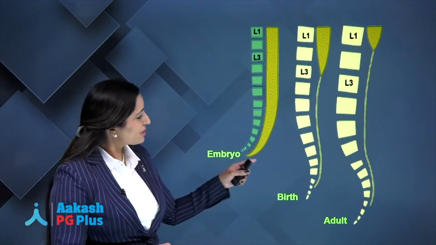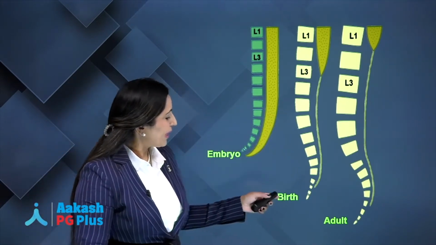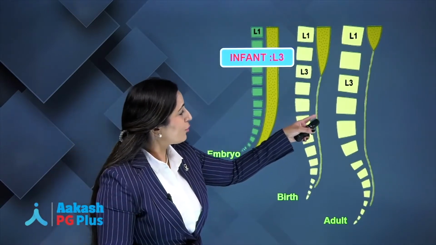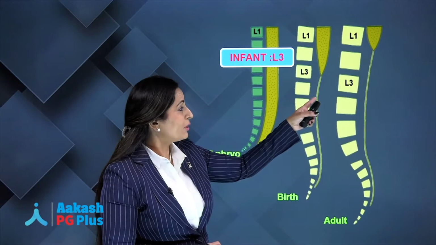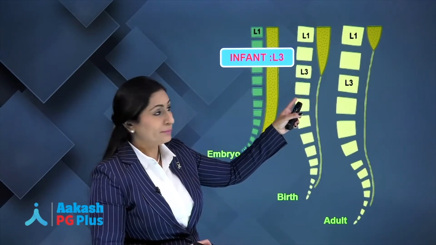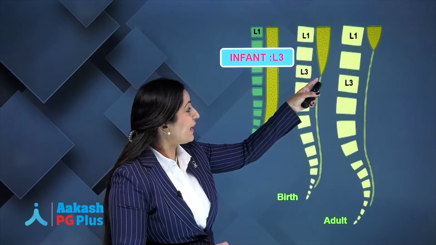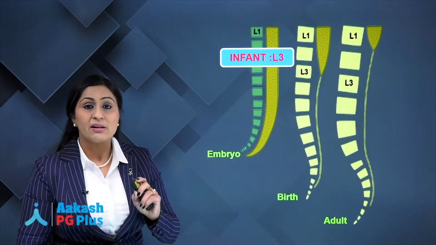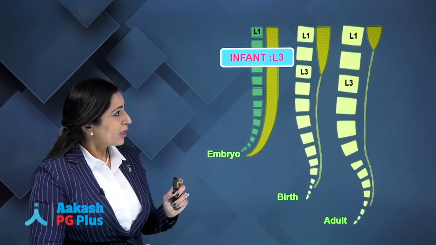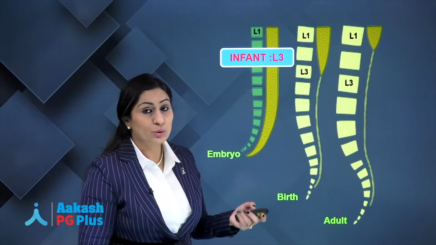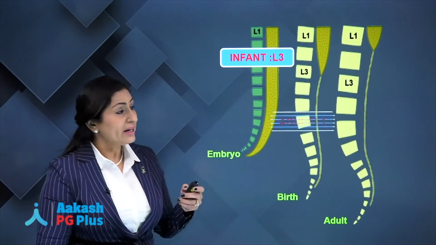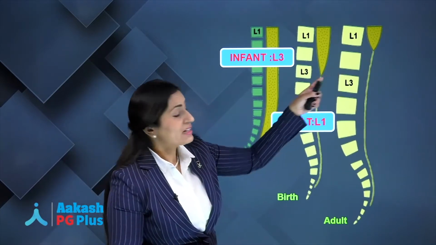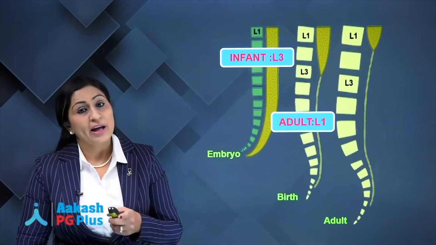But as the child grows by infancy, due to the differential growth of the neural tissue and the vertebral column, the spinal cord ends at the lower border of L3 vertebra. However, this differential growth continues, and in adults, the spinal cord ends at the lower border of L1.